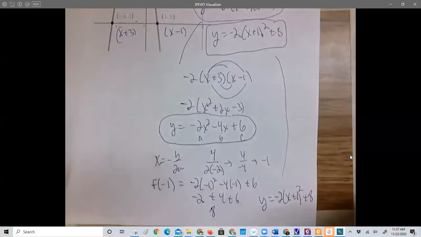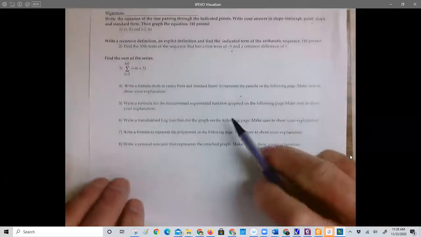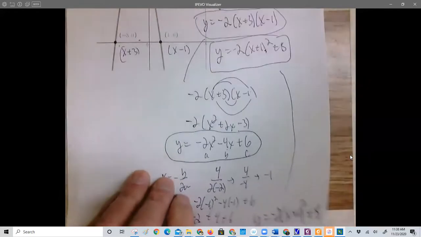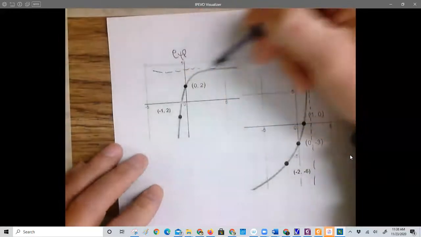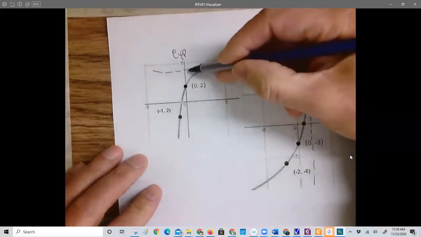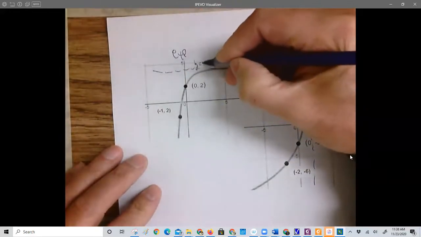Okay, so the next question on the problem set is asking me to find the equation of the transformed exponential function. Well, we already sussed out the exponential function, right? I knew this was an exponential function because I had a horizontal asymptote. I see the horizontal asymptote as the line y equals 4.